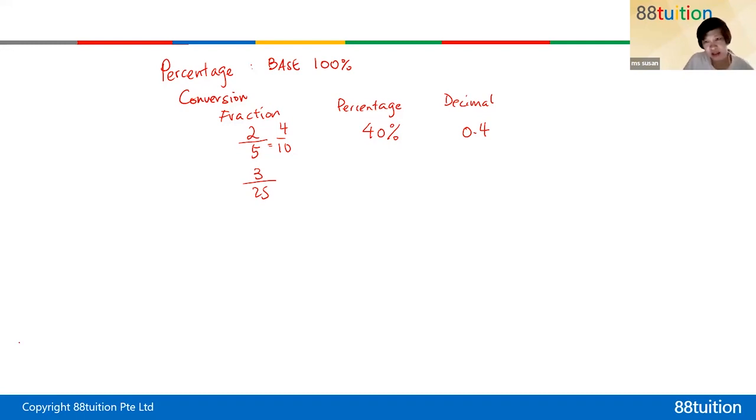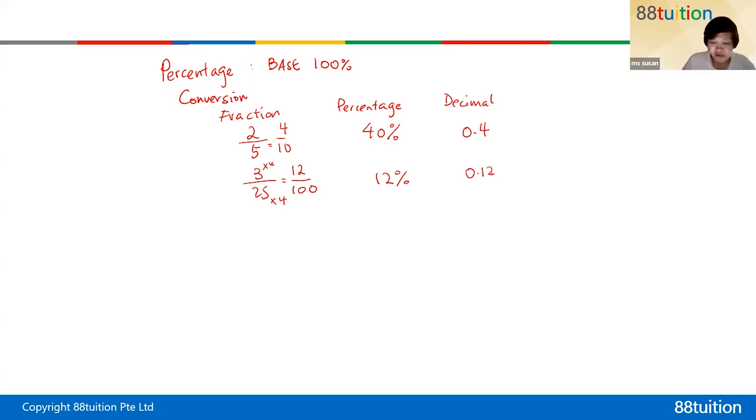How to make it into 10? 10 is too small for it. So what do we want to express? Make it to 100. Very good. Thank you. Then you need to times 4, and you get 12. Therefore you get 12%. And in decimal it is 0.12.